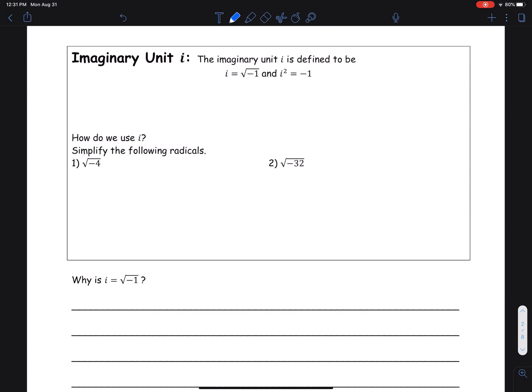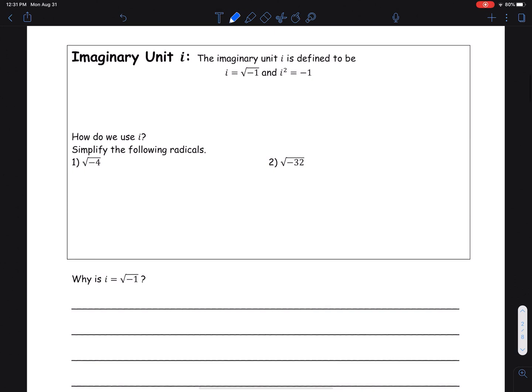So when I look at radical negative 4, I'm going to do it a little differently the first time, just to show you guys the process. We're going to simplify it like we have been. The highest perfect square that goes into negative 4 is 4, but we have to factor out a radical negative 1 first, because that's now going to make this radical 4.